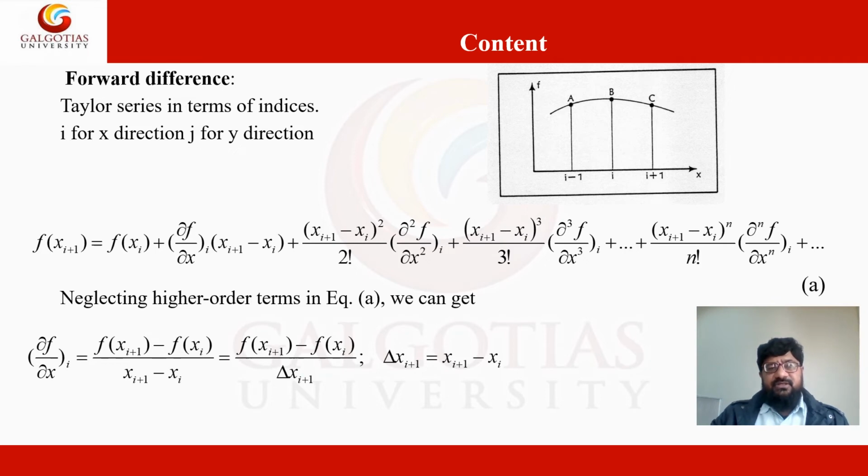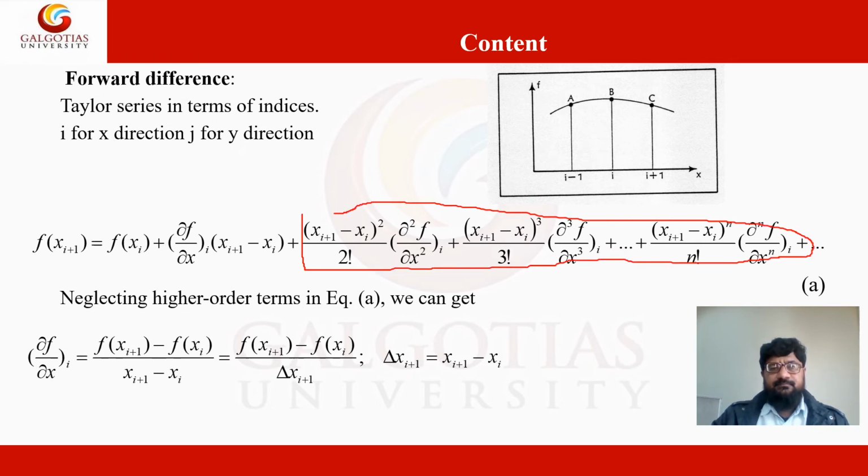So in this Taylor series expansion, let us ignore this term. If we neglect this whole term, then we are left with this much terms. And after rearranging, we want to calculate del f by del x.